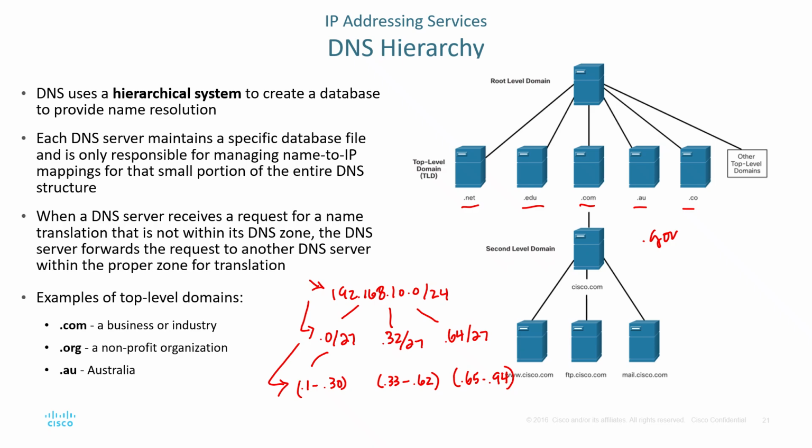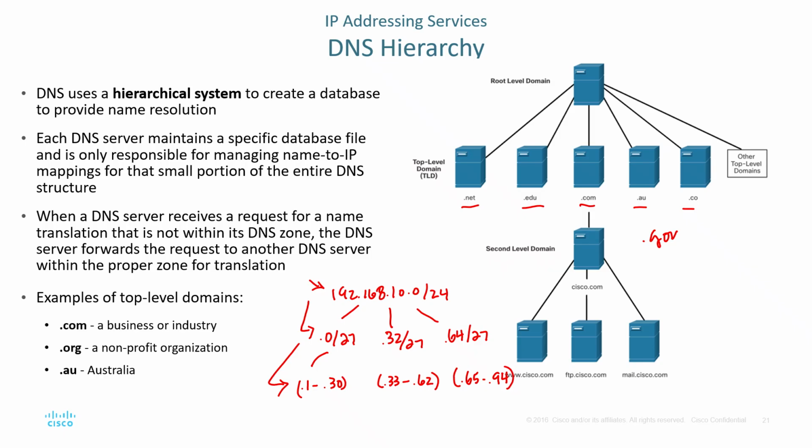These are your top level domains. From there, and using Cisco as the example here, within cisco.com, now this is your second level domain. Within cisco.com, I have www.cisco.com for web browsing. I have ftp.cisco.com for file transfer, and I have mail.cisco.com for our mail service.